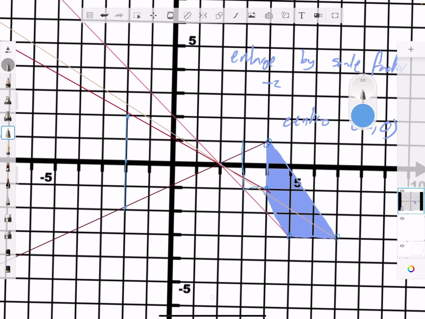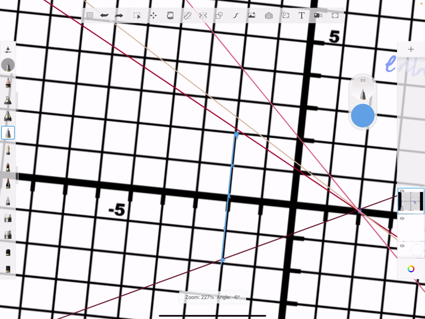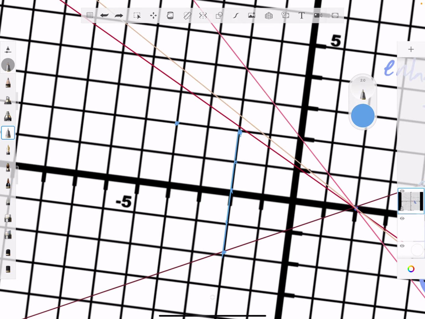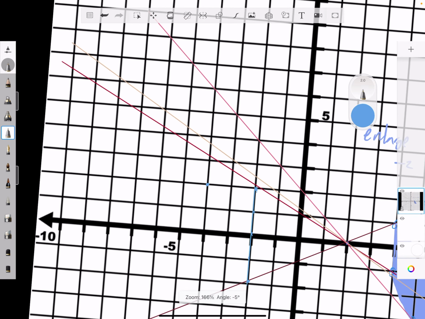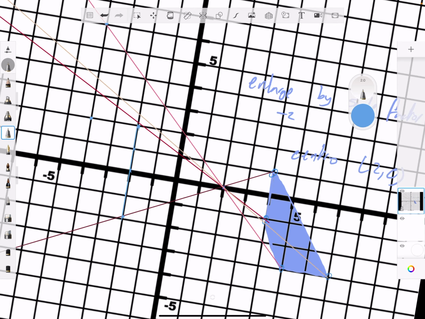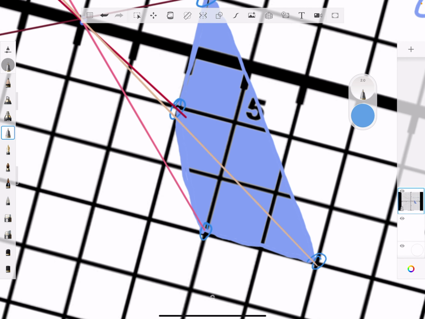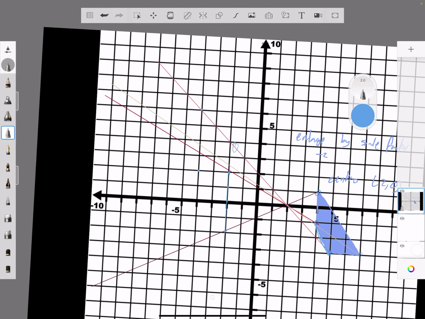But then we do left by 2 and up by 4, because it's a negative scale factor of 2. So from here, I'll go left by 2 and up by 4, which meets up with this pink line, which draws back to this line, which we're chasing right now. Okay. So that checks out as well. So from here to here, roughly.